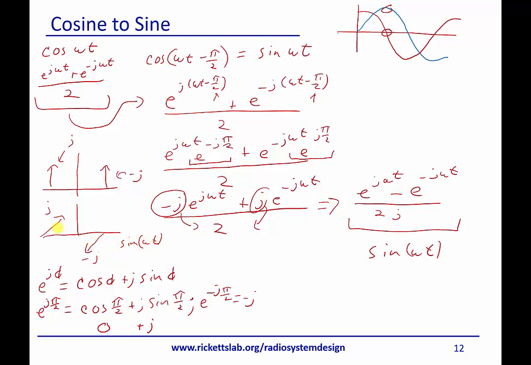The reason I do this at a 3D angle is that I can think of this as the real axis and this as the imaginary axis. And once again, both sine and cosine are absolutely real. It's just that they're orthogonal to one another. Sometimes when we're dealing with complex numbers, the complex number just allows us to deal with an orthogonal component.